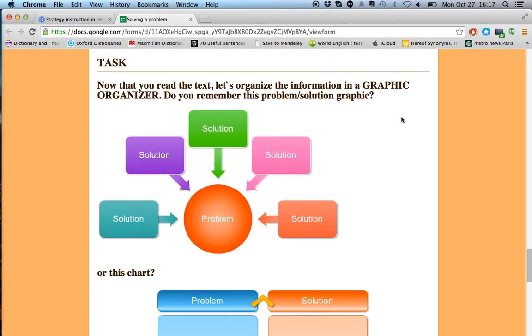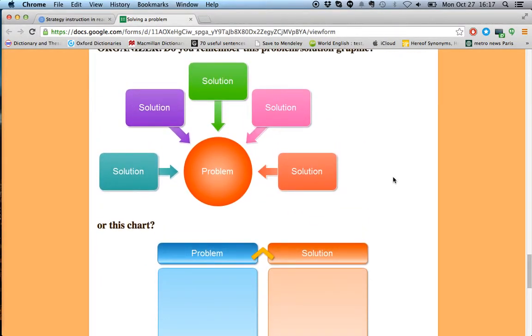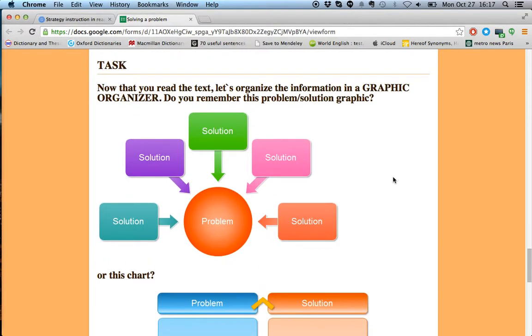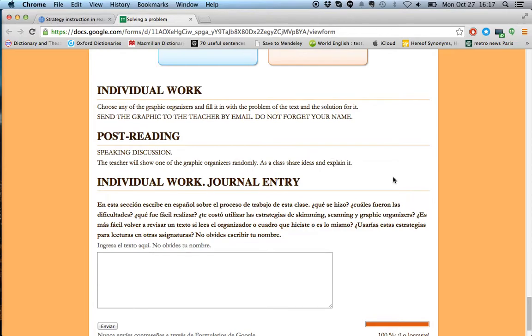In terms of the task, here we are recycling some information from graphic organizers from the previous class. So they have, for instance, two models of graphic organizers, and they have to choose one.